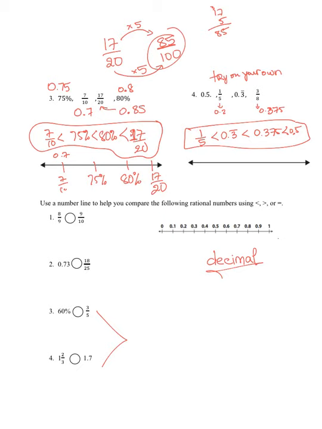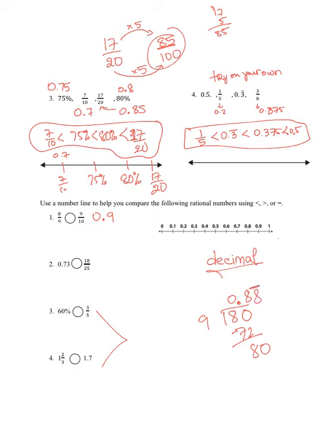Okay, 9 over 10, you know, is going to be 0.9, but 8 over 9 we need to divide. Okay, 8 cannot be divided by 9. I borrow a 0 and add a decimal. 80 divided by 9, how many times does 9 go into 80? 8 times 9 is 72. 80 minus 72 is another 8. 80 divided by 9, I got another 8.